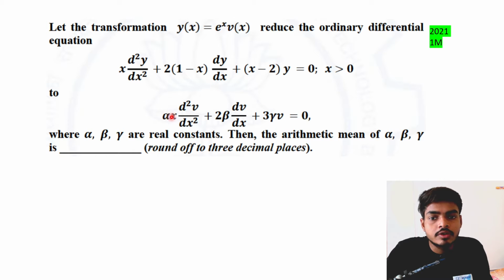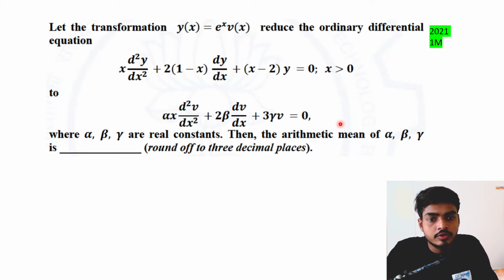Then you need to find alpha, beta and gamma, and the question asks for the arithmetic mean of alpha, beta and gamma. When you find them, you just need to compute (alpha + beta + gamma)/3.